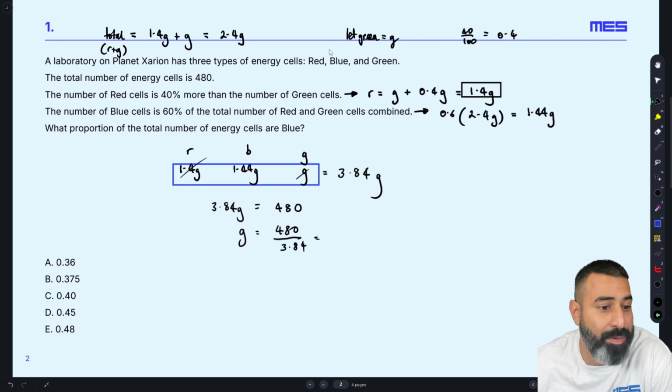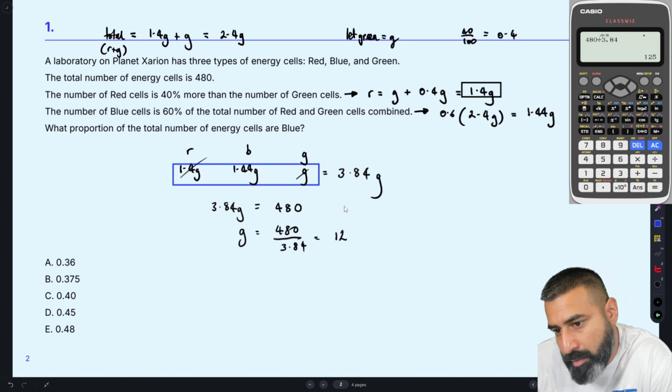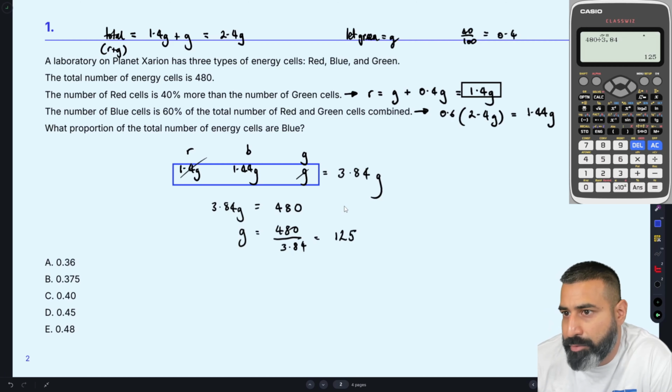I'm going to use my calculator here, obviously. So you get the calculator up and do 480 divided by 3.84, and you should get 125. So that is 125 green.